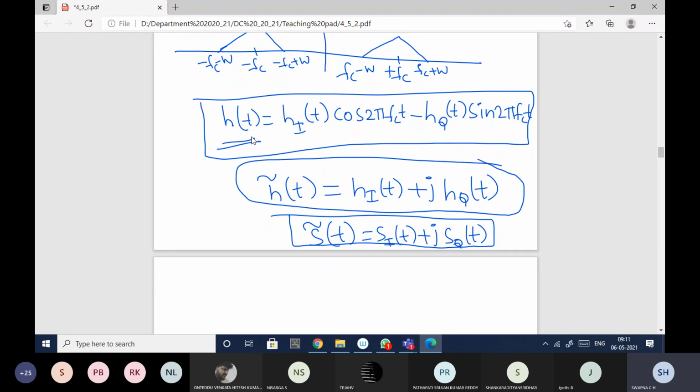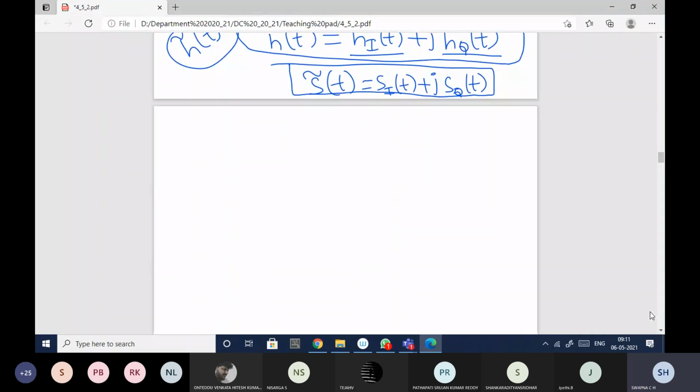Now what is our aim? Our aim is to find H tilde of t when I have H of t. If I want to find H tilde of t, I need to know what hi of t and hq of t are. So to find that, we'll go ahead now. H tilde of t is nothing but the complex envelope, and we know how to get the complex envelope.